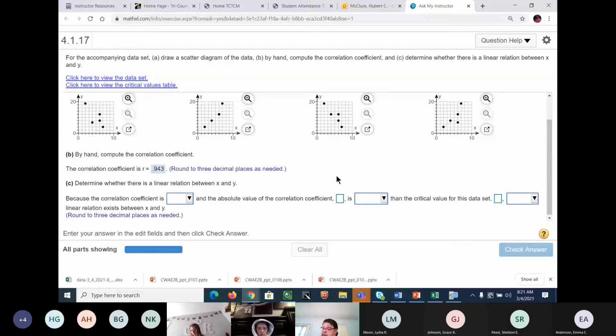If it is blank, then the critical value, which is blank. And then we have, we blank, I don't know, linear relation.